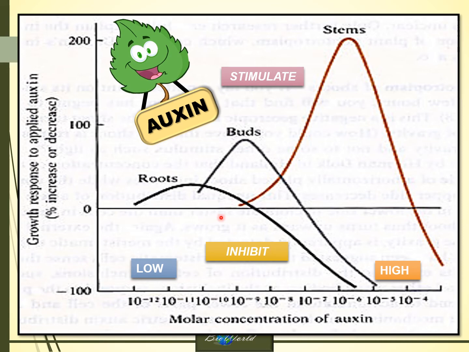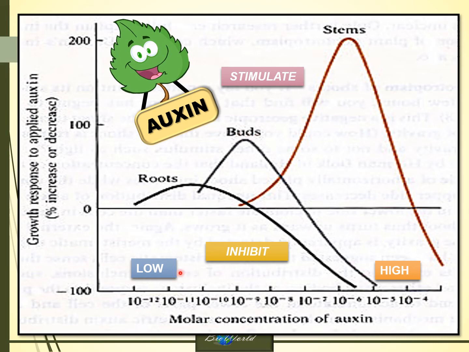Now the graph here has got three organs, that is the roots, the flower bud and the stem. But for our syllabus, the focus is only on the root and the stem. So I'm going to completely ignore the bud.